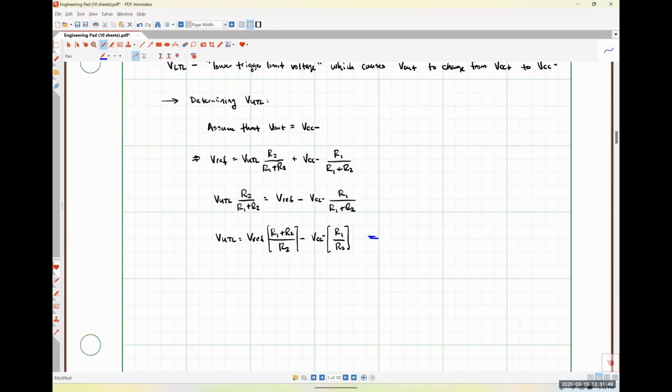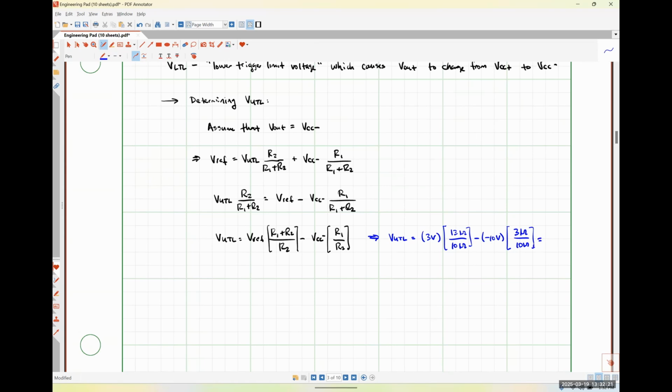So that would be VUTL is going to be our reference voltage, which was 3 volts, times 13 kiloohms over 10 kiloohms, minus VCC minus, which was negative 10 volts, times 3 kiloohms over 10 kiloohms.